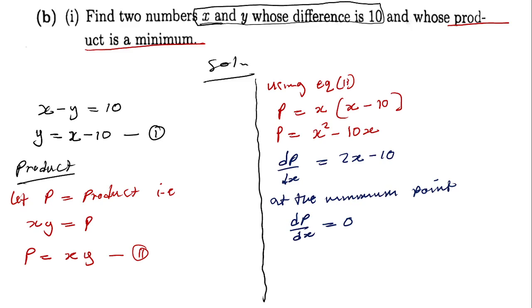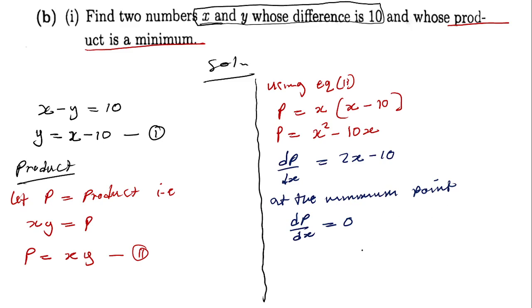Even here, we are going to use the same knowledge. But here, we have not directly been told to find the critical points, but to find the values whose product is a minimum.